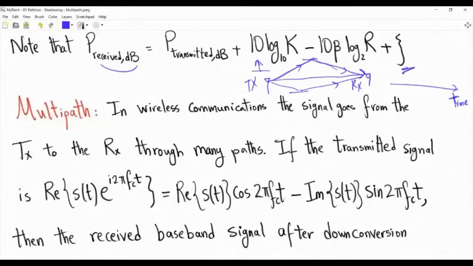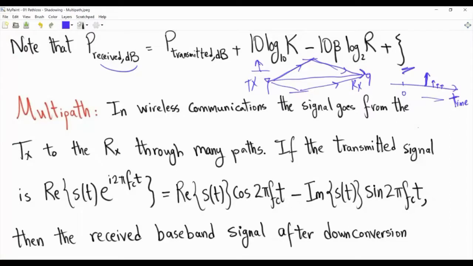So along the line of sight, there is a minimum distance between the transmitter and receiver. So if this is 0, then after some time you will get the Dirac delta with a certain amplitude, and then after a while you get another one, and then another one, and then another one. Again, those come from the other paths. Okay, so you get something like this.